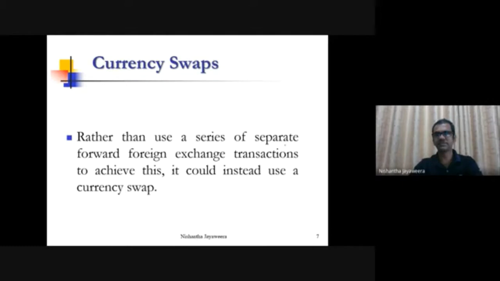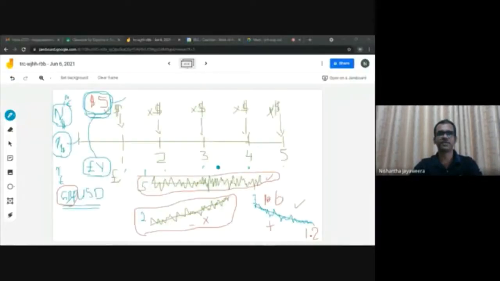One possibility is to use a series of separate forward FX transactions for every year. So have a foreign exchange forward here to sell dollars and buy sterling. Have another one here, another one here, and another one here. 5 different foreign exchange forward transactions.